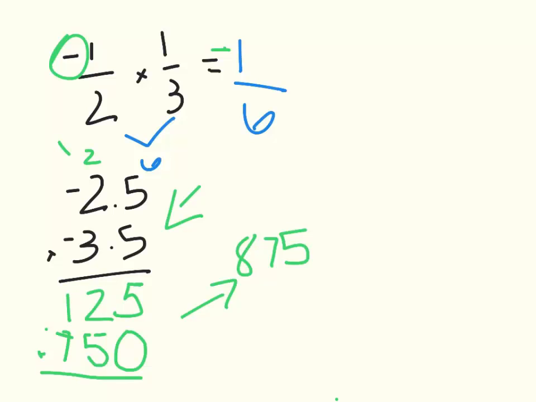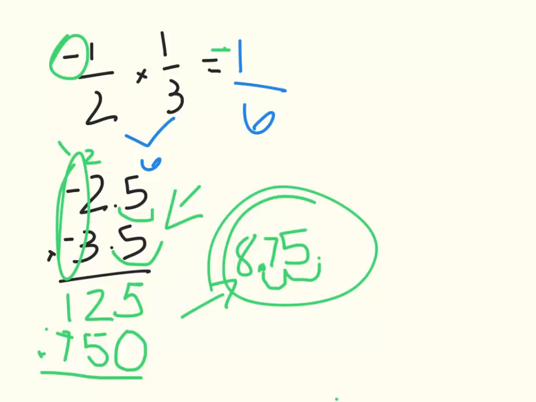Now that you've solved it, all you need to do is worry about the decimals and the signs. Since there's one decimal, there's 1 and 2 decimals. You got to go from here to here to here, and that's where the decimal would be. So your answer would be this. Since there's 2 negatives, it would be a positive. So that's how you multiply.